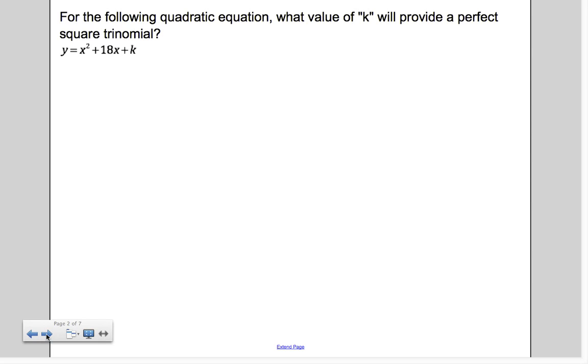How did you get 9, Haley? Perfect squares. Okay, so 9 goes into 18. So we know that has something to do with that middle term, the term that has just x in it. How would you get 81, Eric?